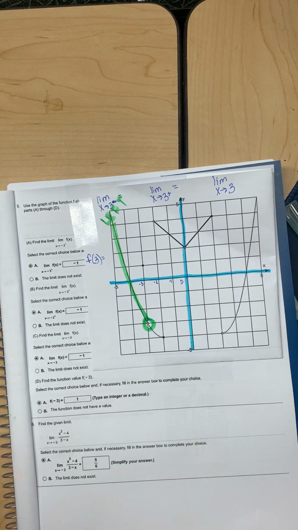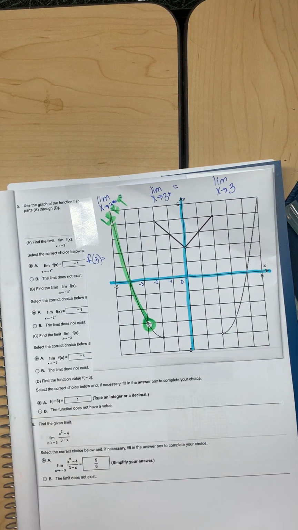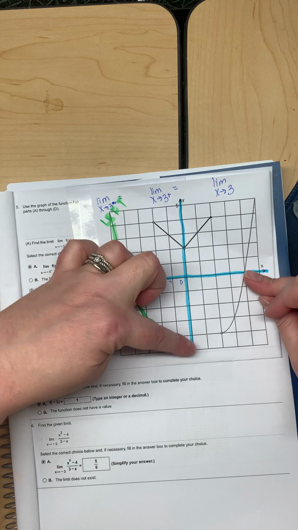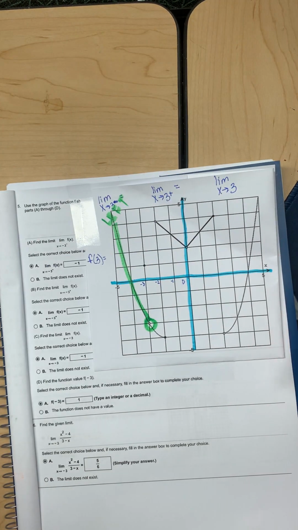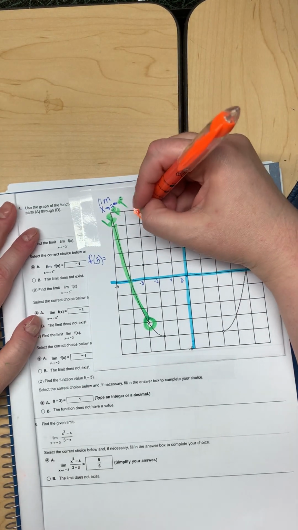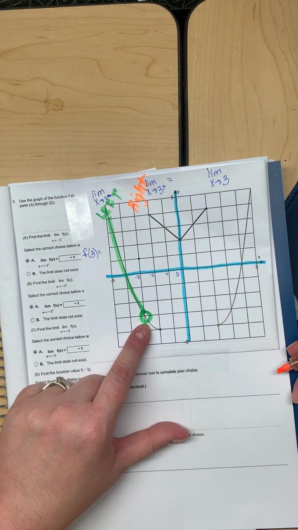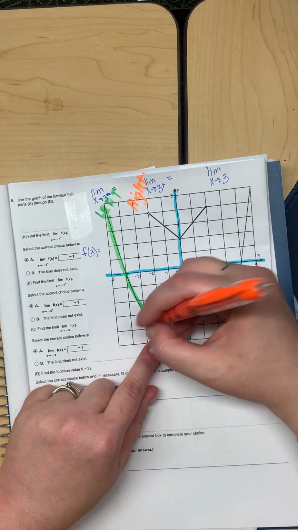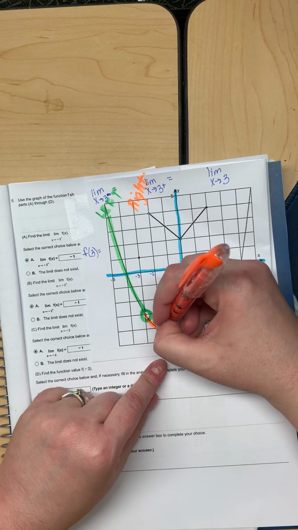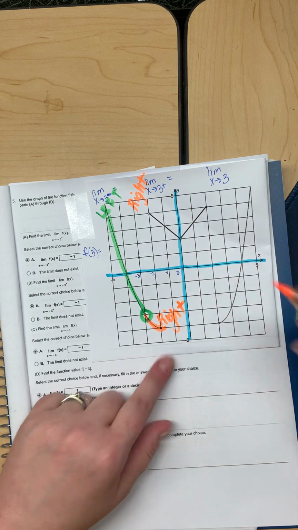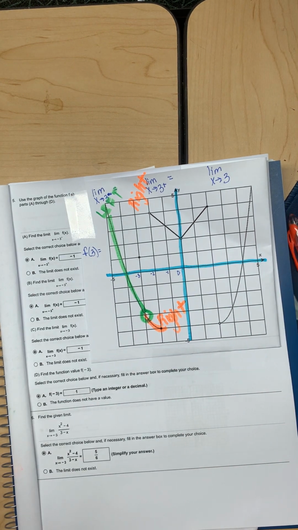Now let me look to the right of -3. We want what's directly to the right, the piece that's connected to that open hole I just circled. So that's the piece we're going to be looking at from the right.